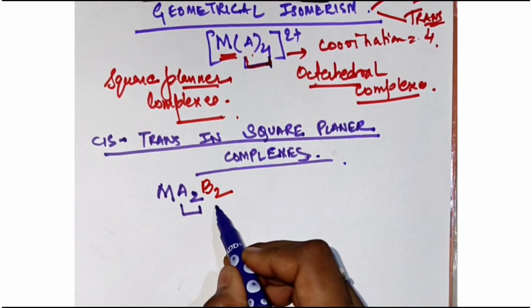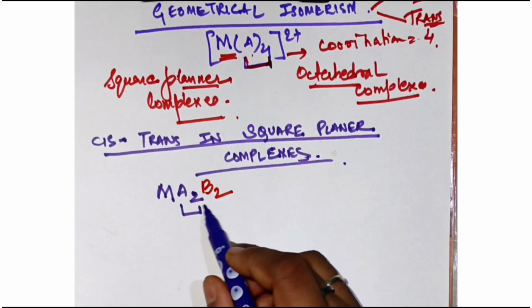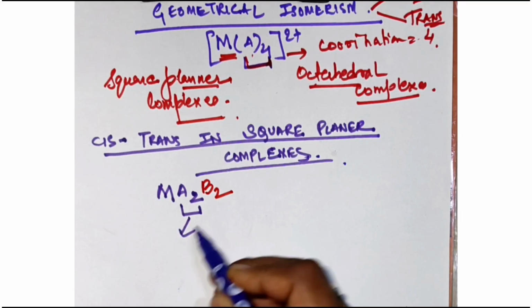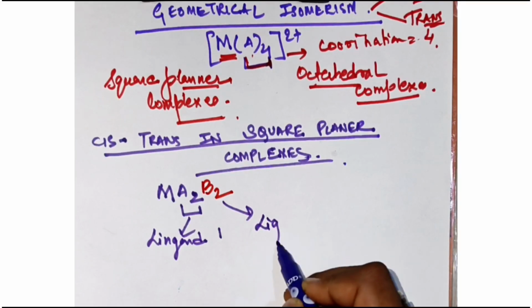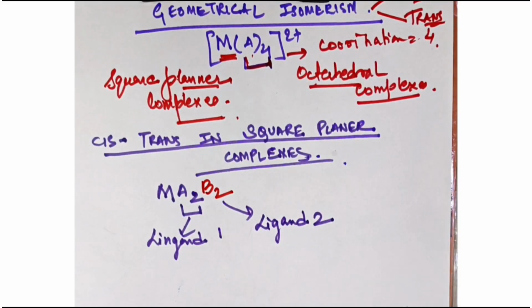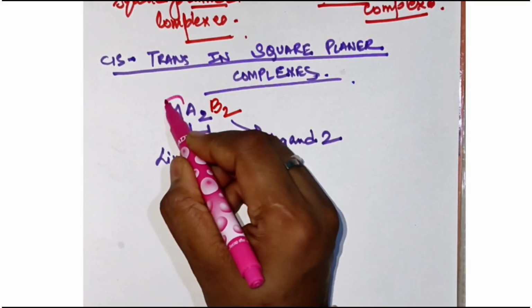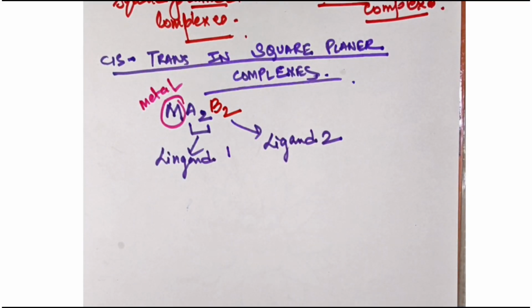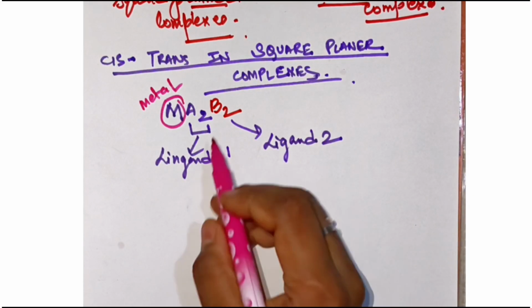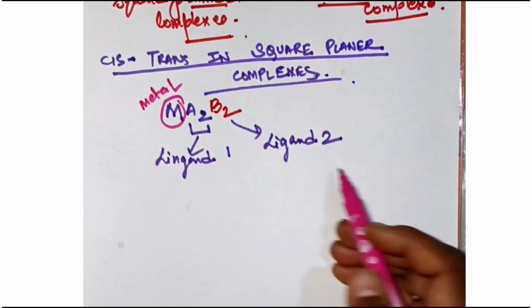Here the coordination number is 4, and this is one ligand, and this is your second ligand. And this one is your metal. So these are the type of complex where there are two ligands of different types.